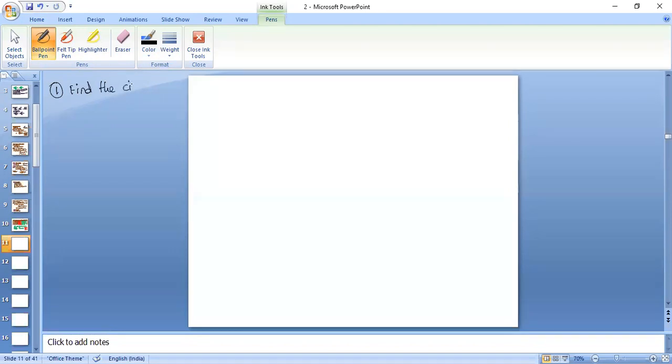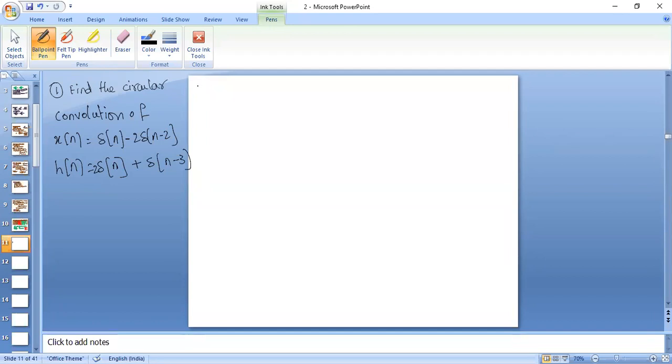Find the circular convolution of x1 of n or x of n is equal.